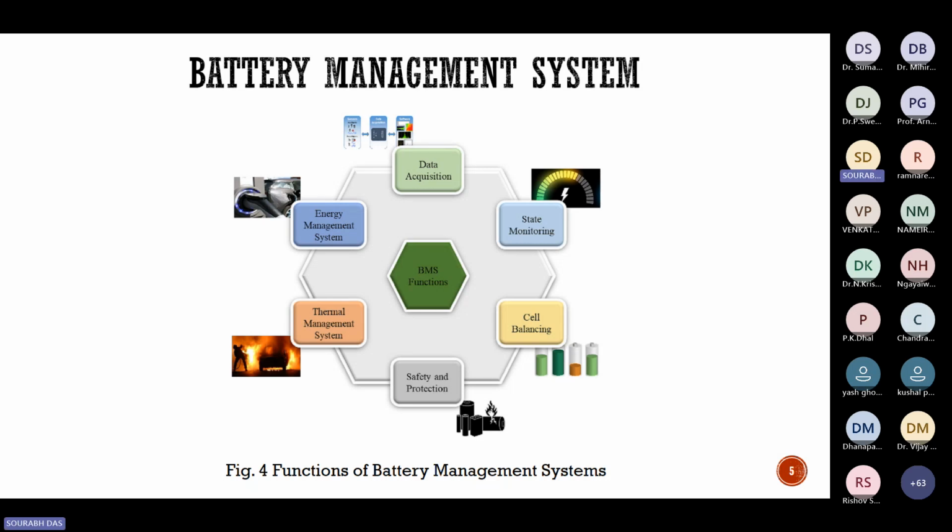All of these functions ensure that the battery operates safely, efficiently, and reliably. And the battery management system is essential for maximizing the battery life while preventing failures that can lead to system damage.